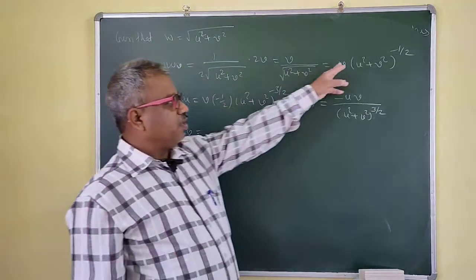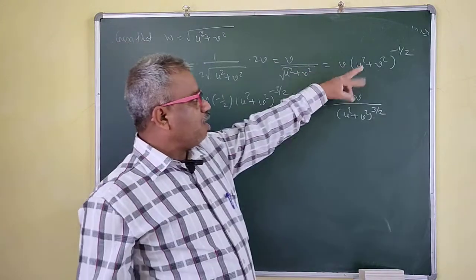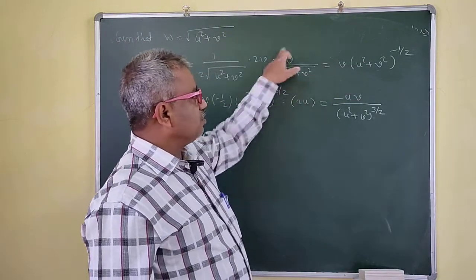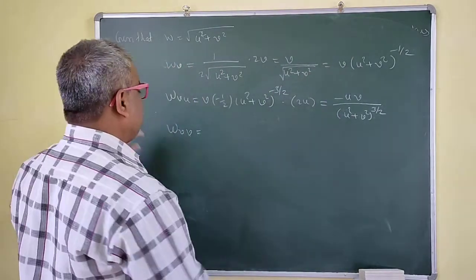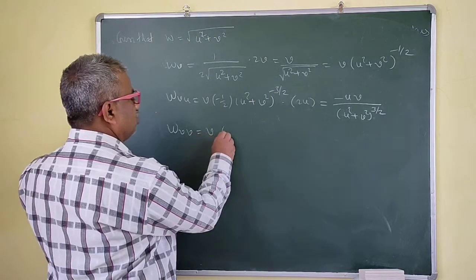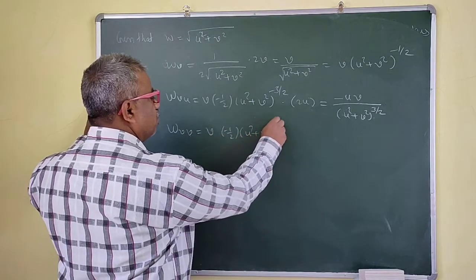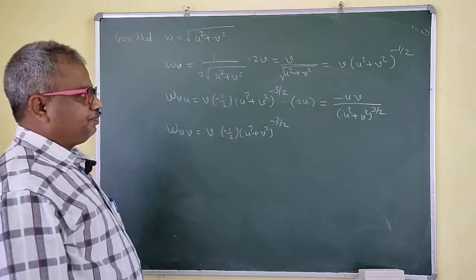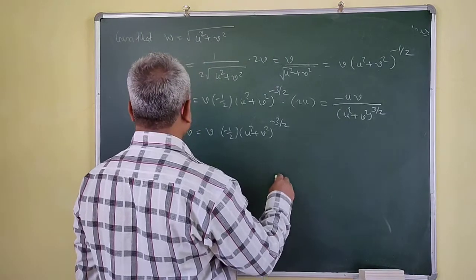Last time, for the second order partial derivative, we applied u by v and differentiated this, right? But now we'll use the product rule. So v as it is, then minus half, (u square plus v square) to the power minus 3 by 2 into the derivative of u square plus v square partially with respect to v.